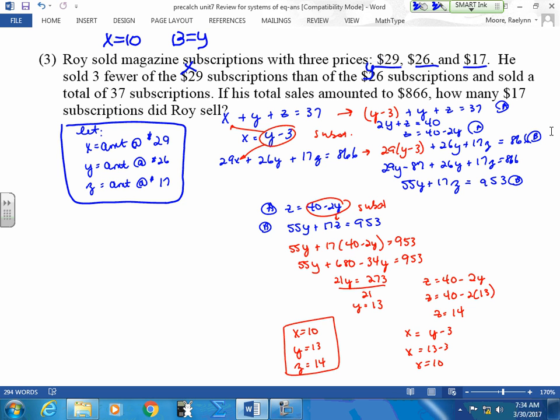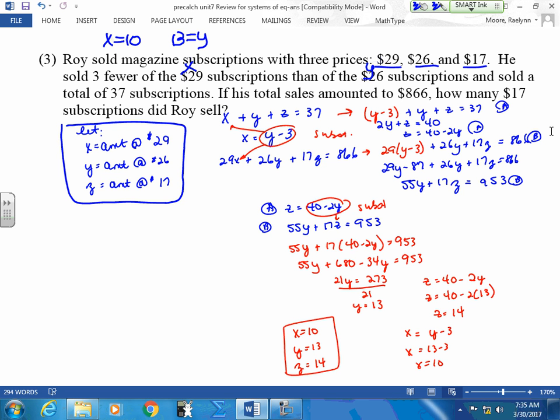Y minus 3 or X plus 3. Either way you go. The fewer is kind of like the exceeds on the opposite end of the scale, right? It works not exactly the way the words look. So my advice is figure out who has more first, because if you don't, everything's wrong.